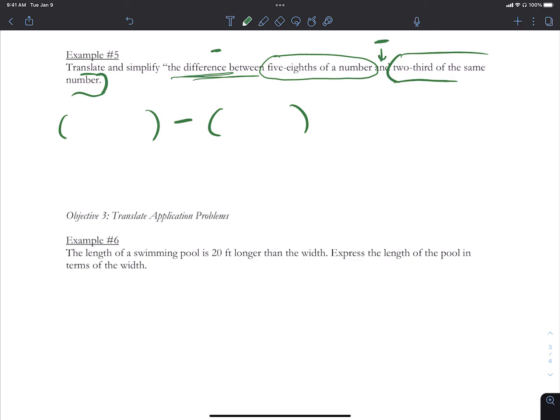The first object is 5/8 of a number, which would be 5/8 times x, if I use x for a number. Whenever you see the word of, that means to multiply. So of equals multiply. And if you ever see is in a verbal expression, that's going to mean equals.